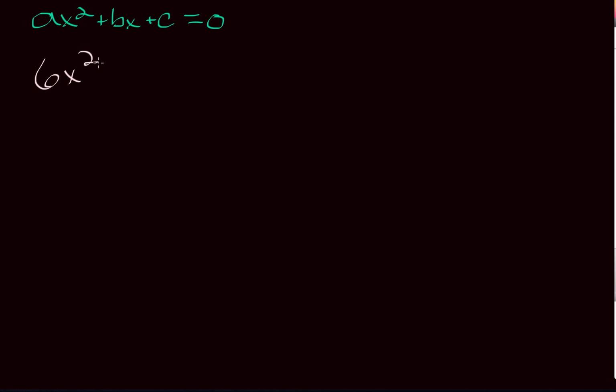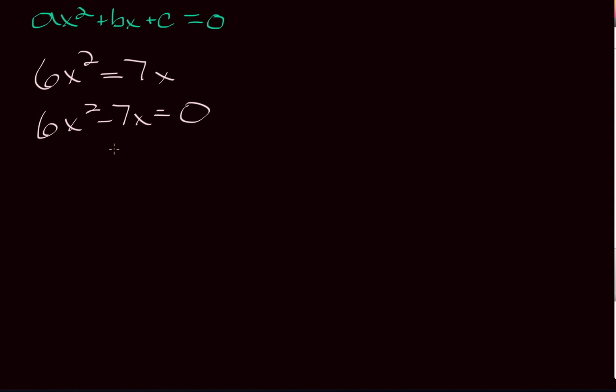Number 4 is 6x squared equals 7x. Well, we can't do anything with this yet until we get this in the form right here. So I'm going to subtract 7x from both sides, and I'm going to end up with 6x squared minus 7x equals 0, right?